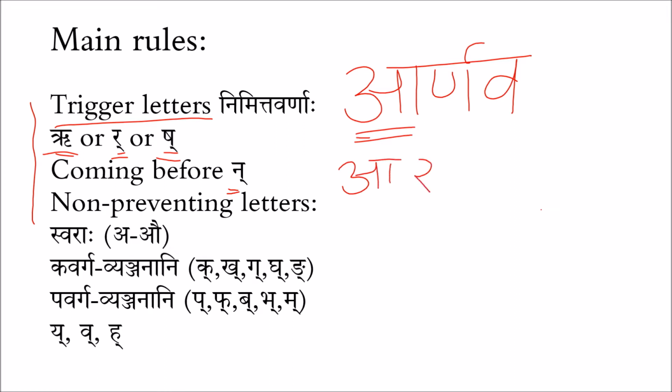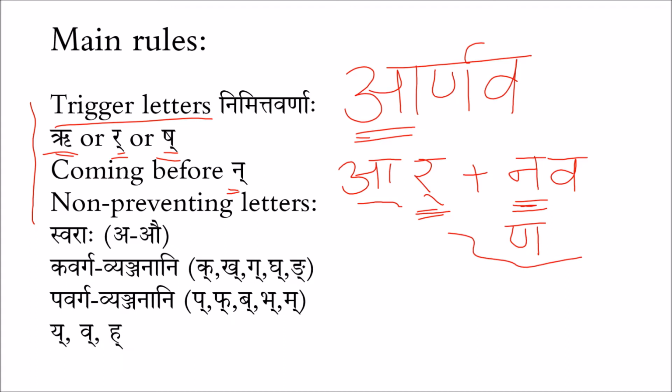A, and then Ra, the Vyanjanam or the consonant Ra, and we have Na Va originally. Whether this Na changes to Na, again there is a nimitta, a trigger letter here, Ra. Because of that, this Na is changing to Na. So instead of Arnama, it becomes Arnama. So this is one of the basic rules.